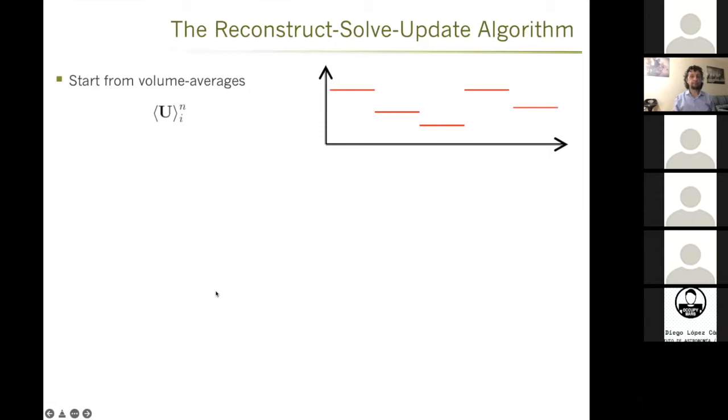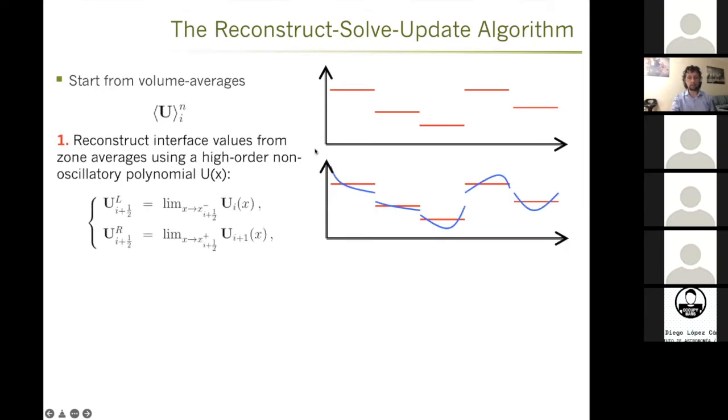Now, in the end, a code like PLUTO or many others like Athena or Ramses or whatever, I mean, all these finite volume codes are based on a very similar sequence of steps. Essentially, you start from the volume average, and at this point, you need to make a reconstruction whereby from the average inside the cell, the volume average, you need to find the point value at the interface. This is done by using a high order non-oscillatory polynomial U of x.